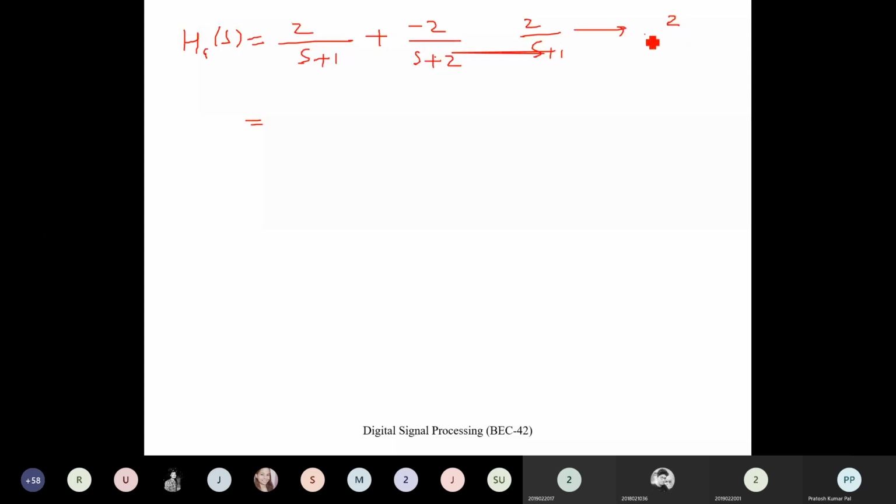What we will be converting it, another value will be 1 minus e to the power, so this is s plus 1. Okay, so plus 1 is there.